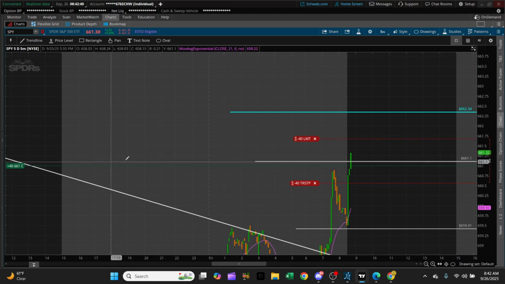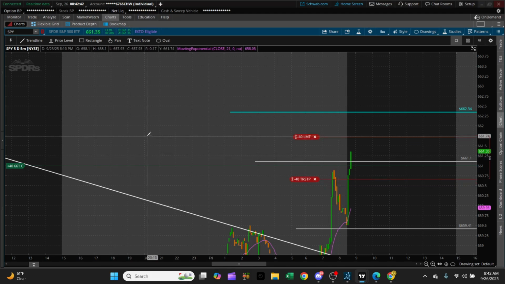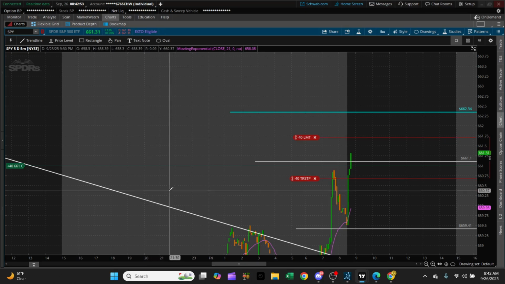It's looking decent. Needed to get to about 661.70, around that mark there, so we need about 40 cents. It's already bursting through that range, 661.10. I think this is the part where everybody else buys into the story and it pushes pretty hard.